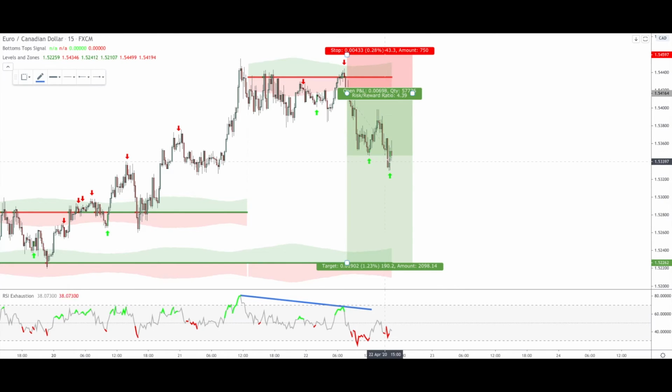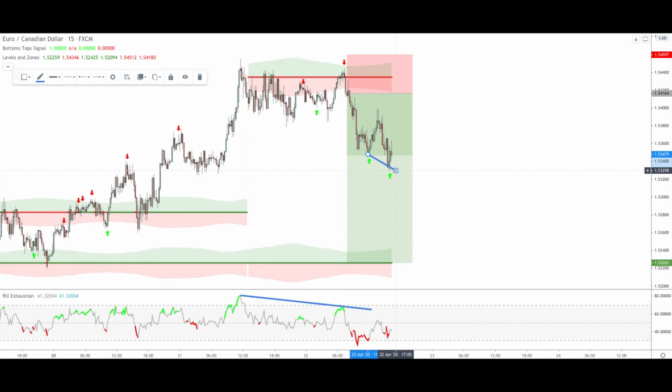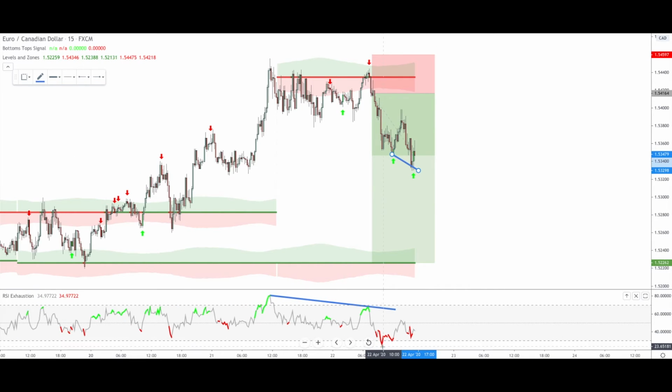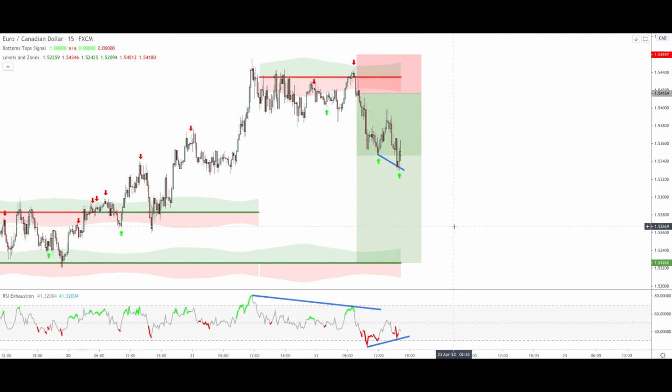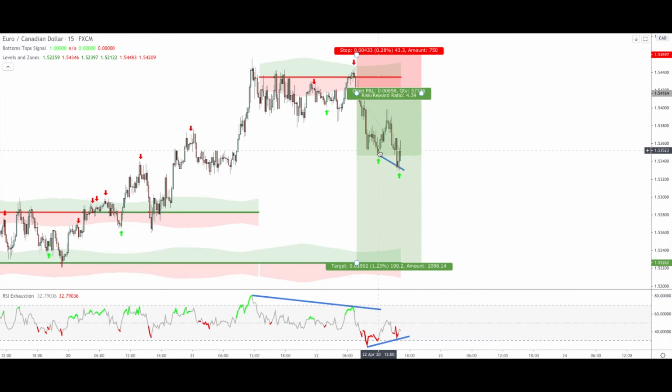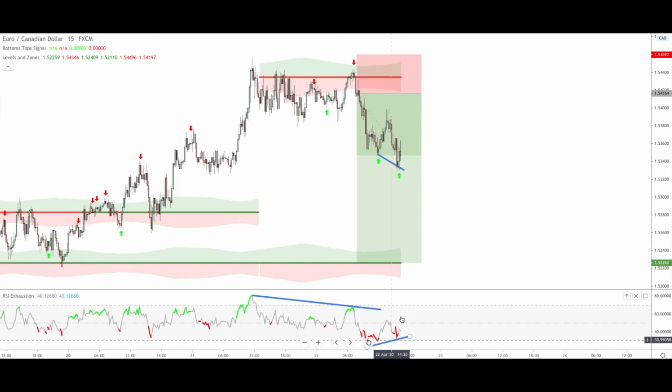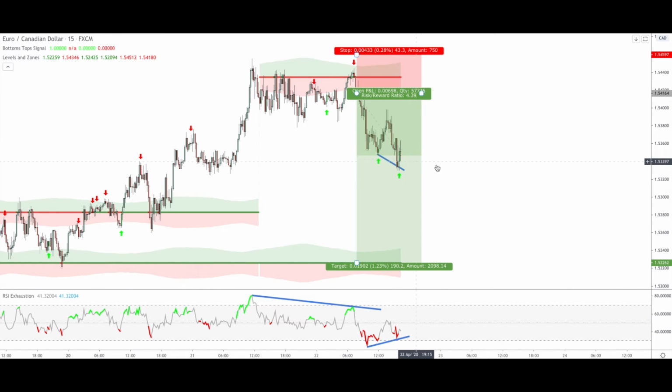You see the situation, so this is lower and the RSI is higher, which means that technically this might be a buy setup. Okay, so because we have the RSI going higher, the price moving lower, so we have divergence, we have exhaustion, and we have a bottom here.